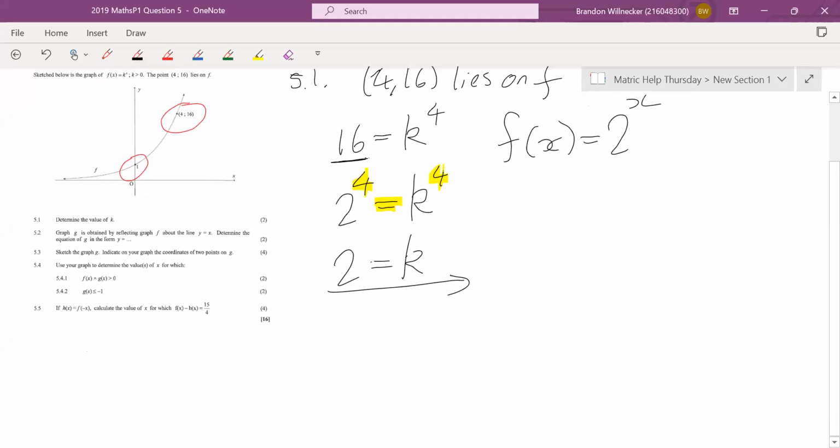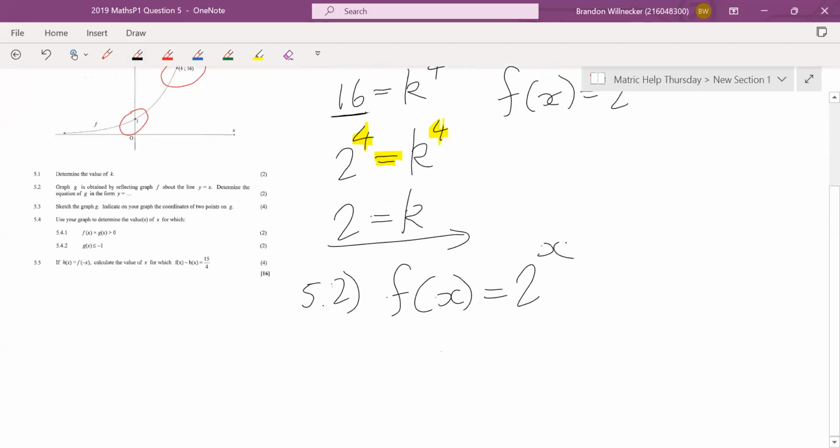5.2. Graph G, so that's our new graph, is obtained by reflecting the graph f about the line y equals x. Determine the equation of G. So we have our original function f is equal to 2 to the x, because we know what k is now.